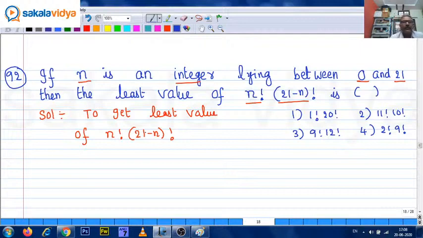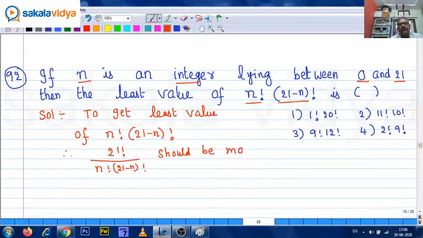So now to get the least value of n factorial into 21 minus n factorial, see this, 21 factorial upon n factorial into 21 minus n factorial should be maximum.